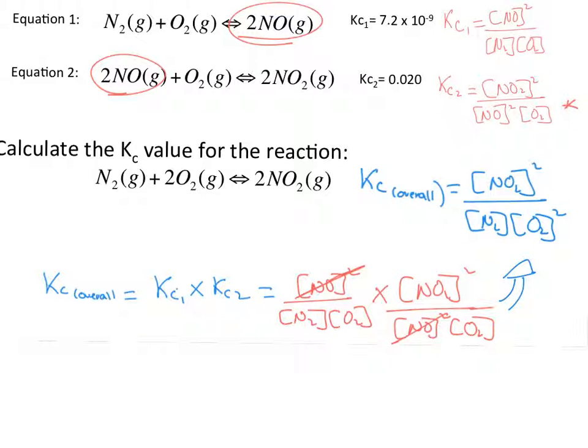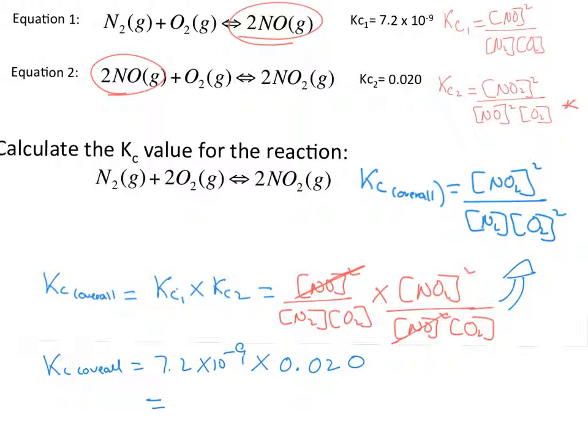And we end up having the same expression. Therefore, because we don't have the equilibrium values to determine the Kc overall, but we do have Kc1 and Kc2, let's do the calculation. So Kc overall will be equal to the provided 7.2 times 10 to the minus 9 times 0.020.